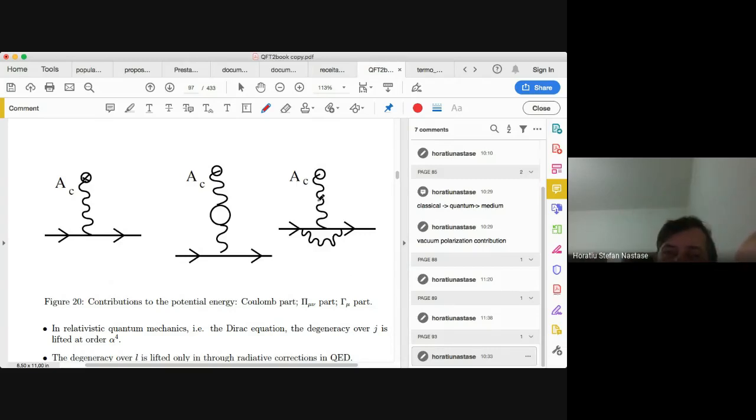And moreover, as I said, for this one and for this one, we would get also infrared divergence contributions.